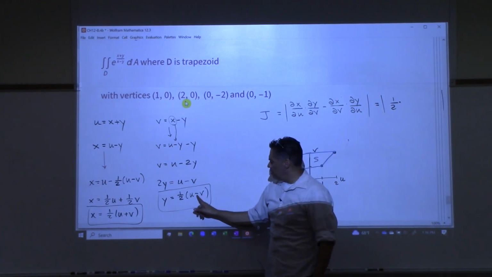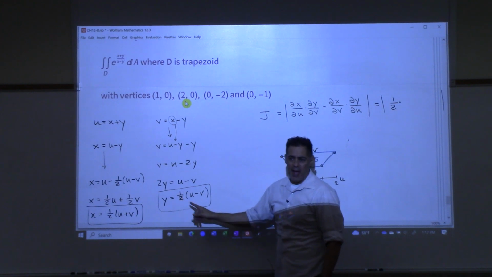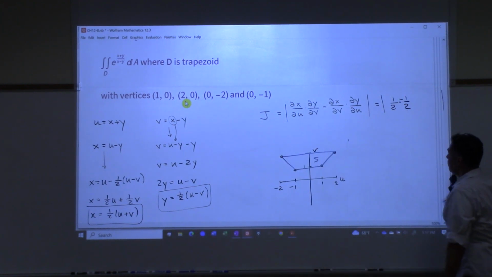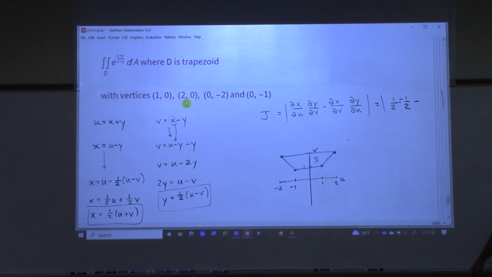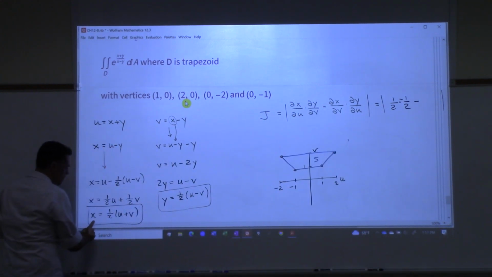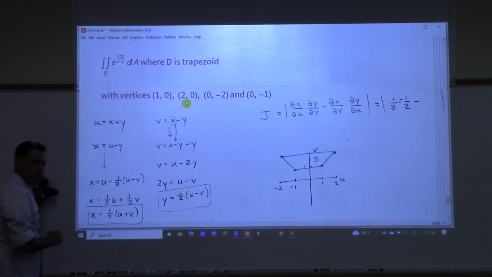With respect to v, there's a negative in front of the v, so I get negative 1, derivative of that's 0, and then times a half, so I get negative a half. And then the formula, it's a minus. And now partial of x with respect to v, so we come back over here, take the derivative of this with respect to v, so we get a 1 there, we get a 0 there, half of 1 is a half.